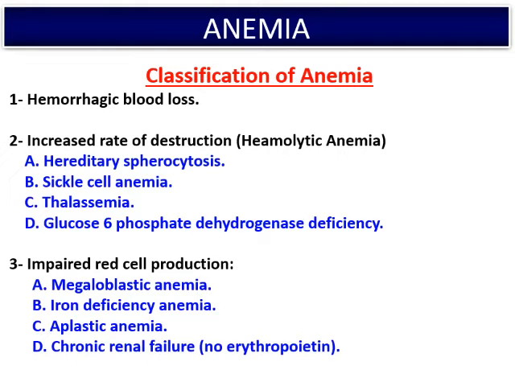The third line of anemia may be due to a decrease in the production of red blood cells, and this type includes megaloblastic anemia, iron deficiency anemia, aplastic anemia, and chronic renal failure. With renal failure, we have no production of erythropoietin, which is the important hormone for production of red blood cells.